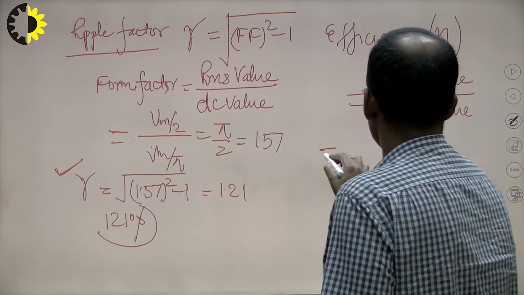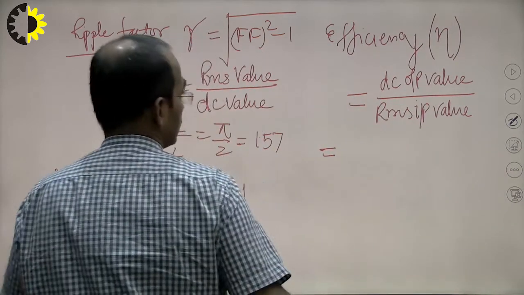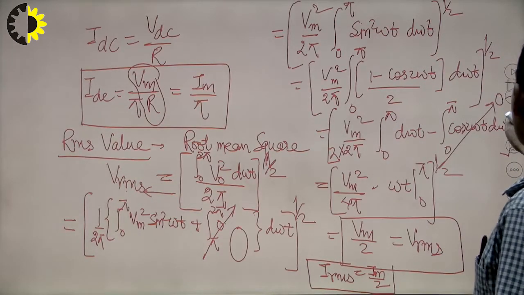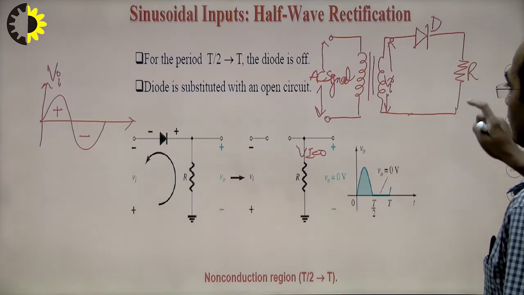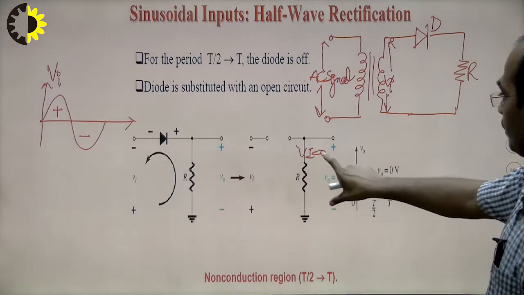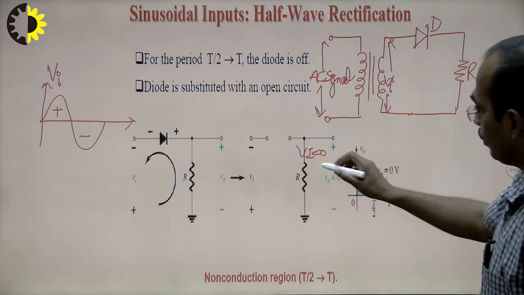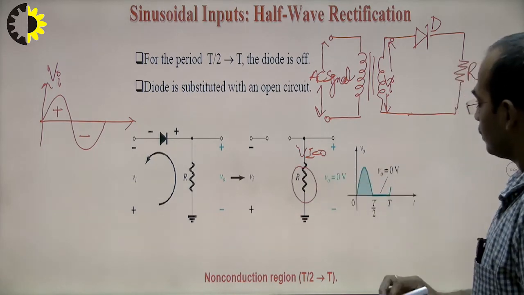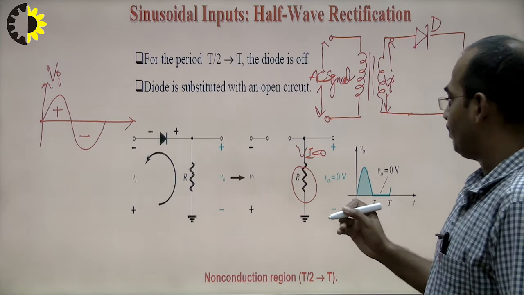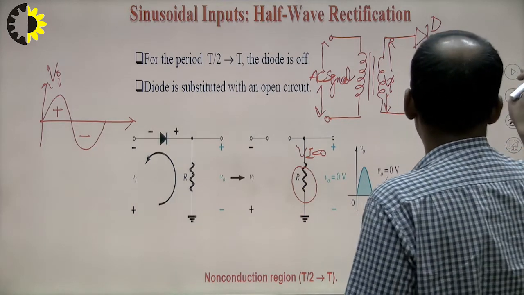So, what will be the DC output value? The DC output value will be taken from this, across the load resistance. So, the DC output value in terms of power. So, what will be the PDC?